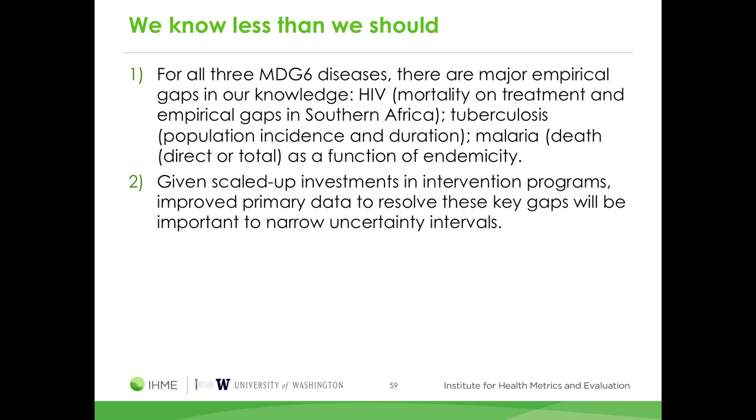And those gaps are actually larger for these diseases than for many other conditions. Strangely, I'd say we are better able to track some of the non-communicable diseases, partly because they're more predictable, than we are for some of these diseases. And these gaps mean that we have truly enormous uncertainty intervals, if you look carefully, for all 3 of these conditions.